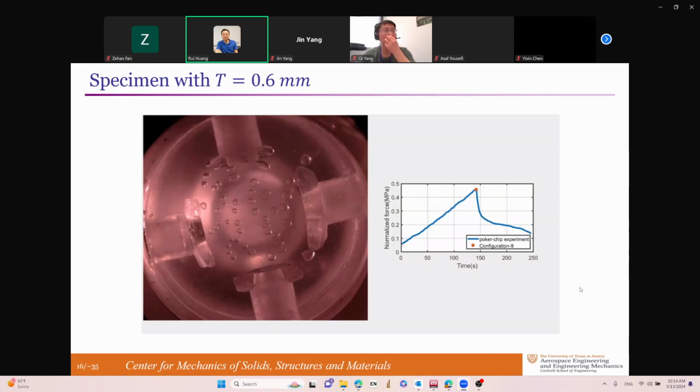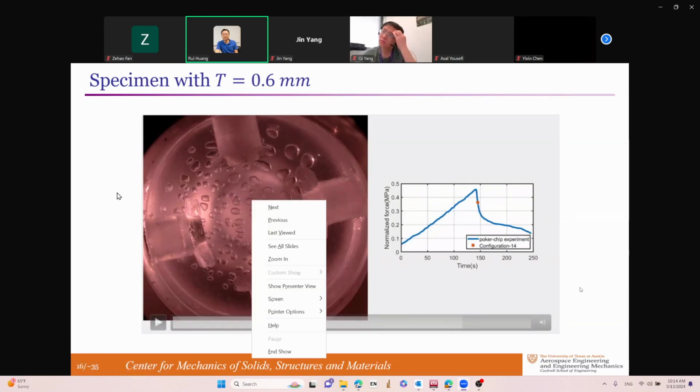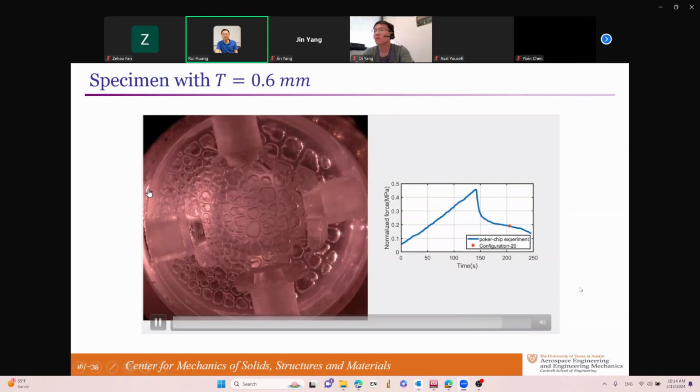So if you observe carefully, first nucleation occurred there. It triggered a second one. That one stopped, triggered a second one. Then there was a burst. And then that triggered other nucleations. The cracks all stop at some small extension and then nucleate new ones.